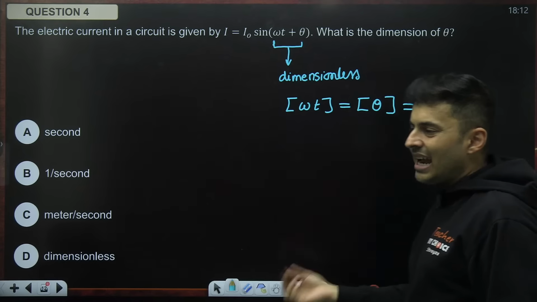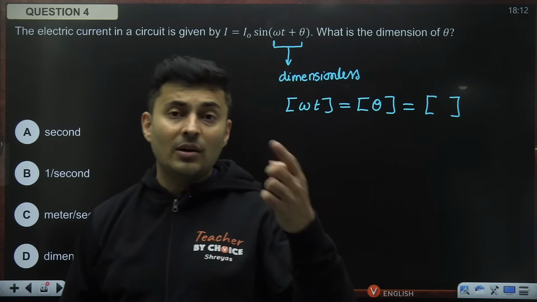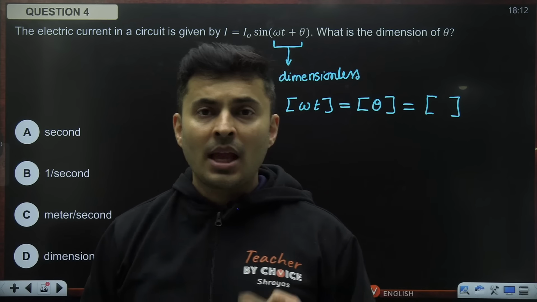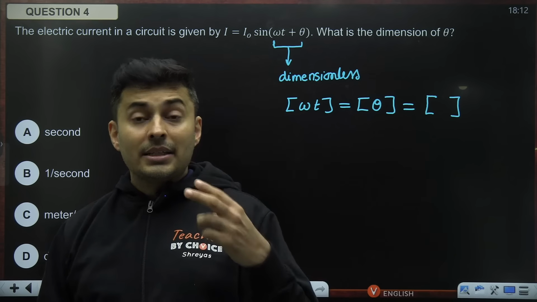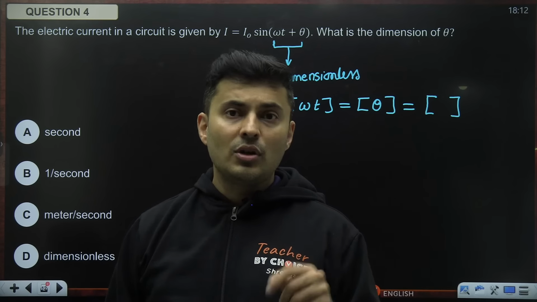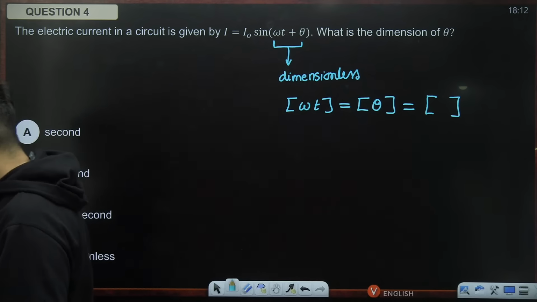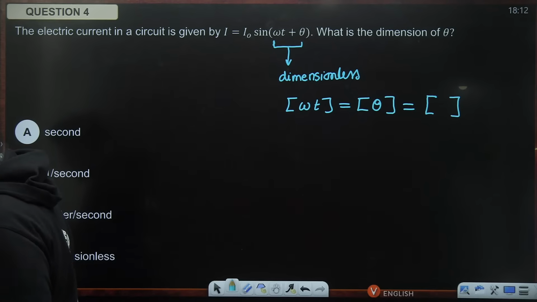So theta, which is angle, has a unit, but it does not have a dimension. These are auxiliary units, if you remember, angle and solid angle. They have units, radian and steradian, but no dimensions. There are only 7 dimensions. Keep that in mind.